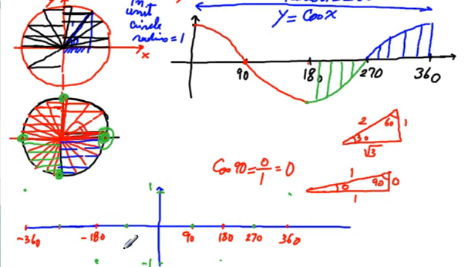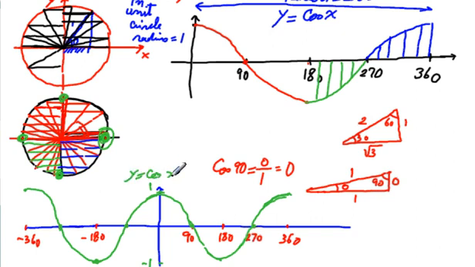So here's how the picture is going to go. So that is a graph of y equals cosine of x. It is drawn between minus 360 and 360. So that makes 2 cycles of it.